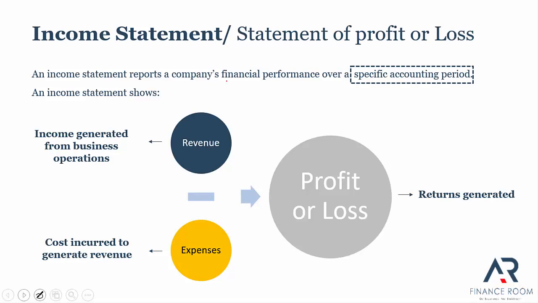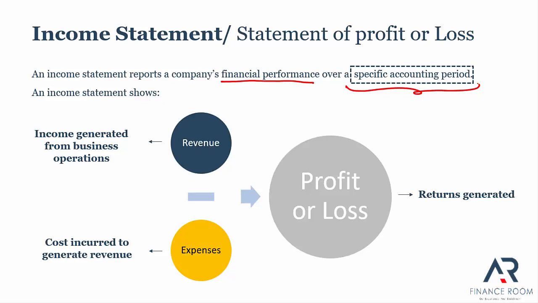Company's financial performance over a specific accounting period. Very, very important. The income statement, the first component of the financial statements, reports a company's financial performance over a specific accounting period.